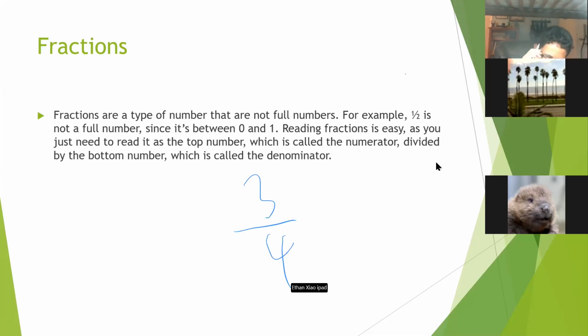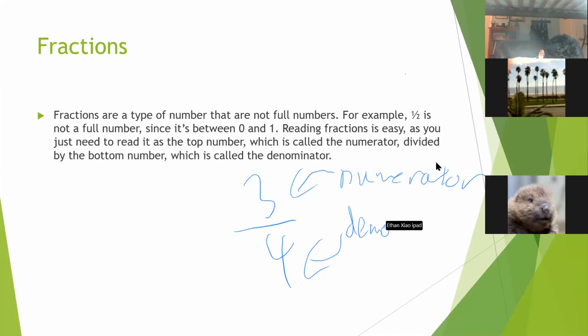This is a fraction because it's just the numerator, which is 3, the top number, and this is being divided by 4, which is on the bottom. So numerator, and this is the denominator. This will be pretty easy to remember once you get used to working with fractions.